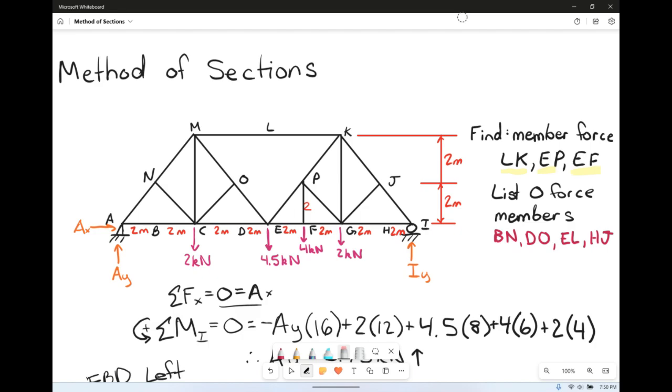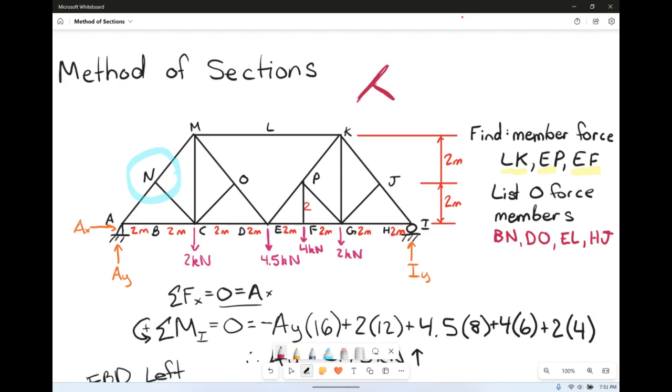So now let's see if there's anything else that may look very similar. Like for instance, joint N. Joint N looks like this. Now you might be thinking, well, if you sum the forces in the x direction or sum the forces in the y direction, we've got 3 different forces.